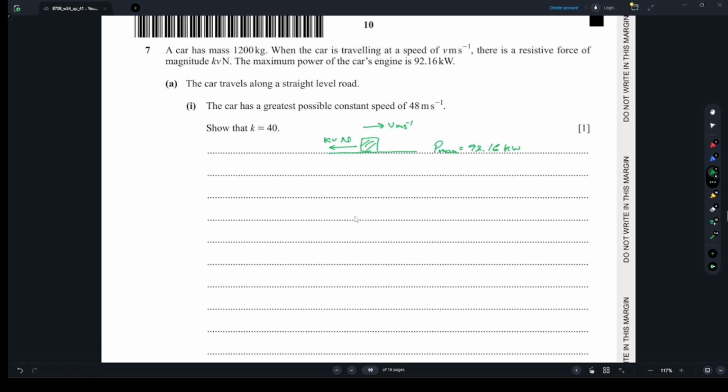Okay, so k equals, so we can write the power P equals F times V, right?